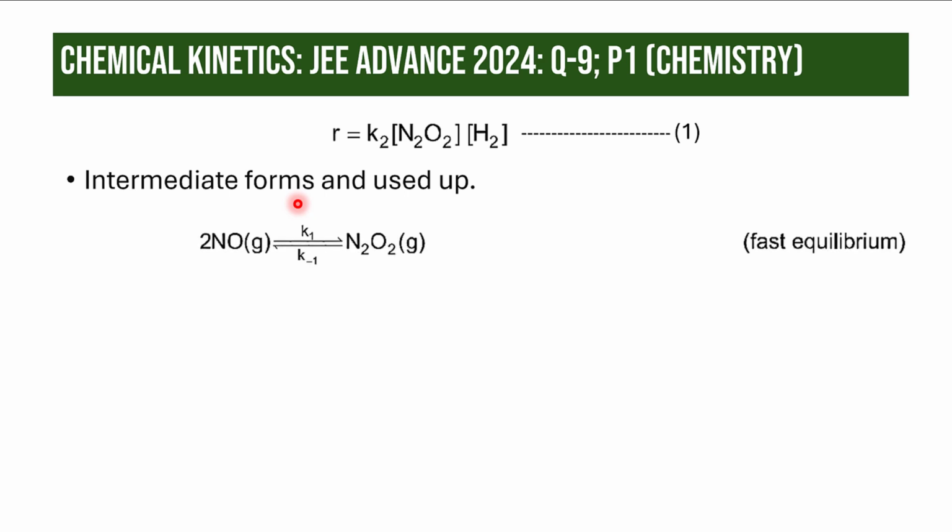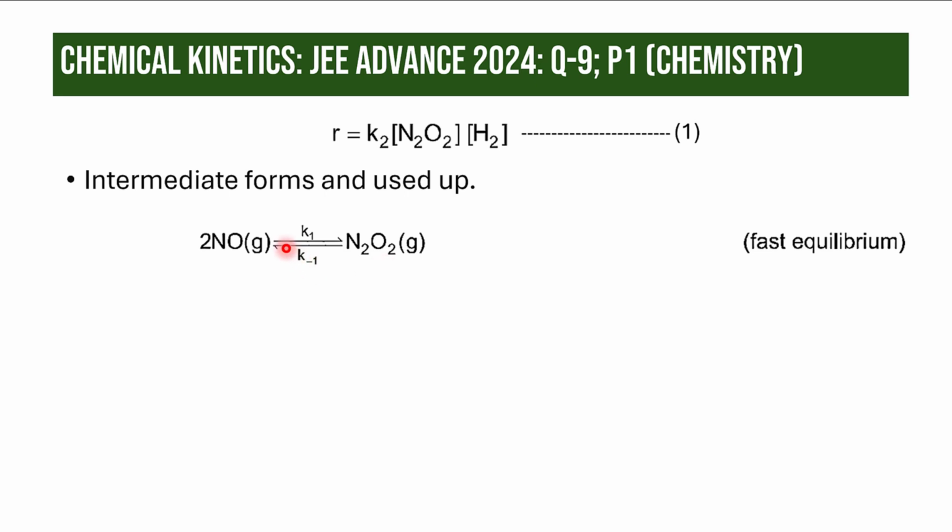So how do we find the concentration of N2O2, that is the concentration of the intermediate? Now I will use this step, that is the fast equilibrium step. Now because this N2O2 is formed and used, this means at any point of time its concentration is constant.